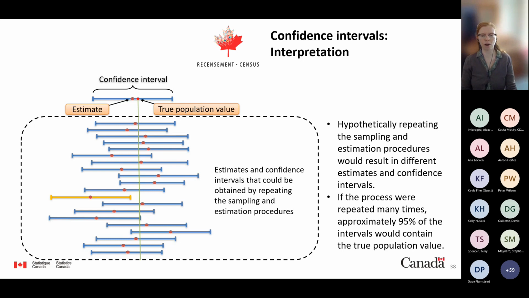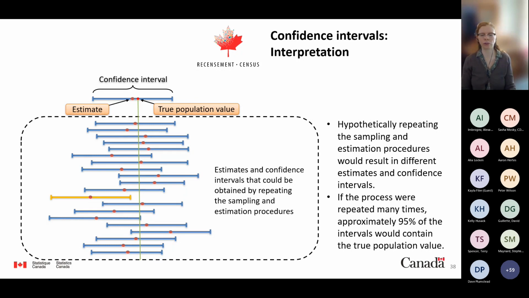So in the box with the dashed line around it, we've shown estimates and confidence intervals that might in theory be produced if we were to hypothetically repeat the sampling and estimation procedures again and again. And all of these intervals in the box with the dashed line around it contain the true population value except for the one shown in yellow.